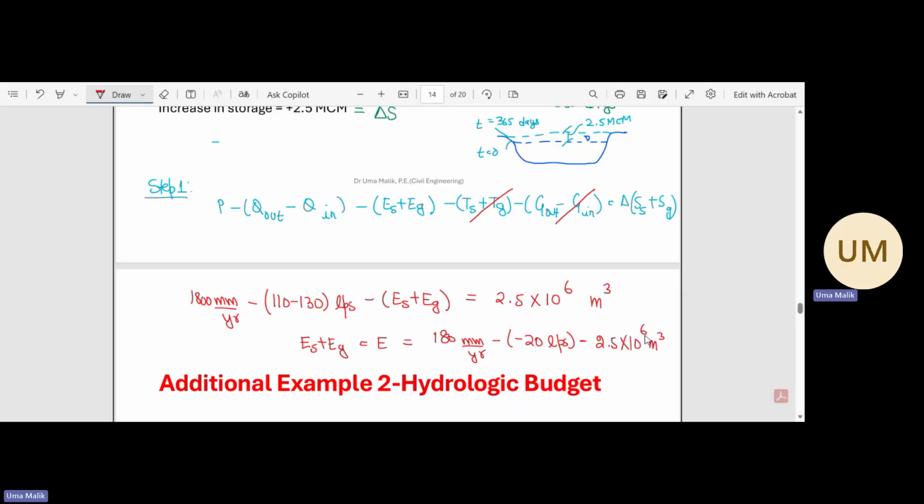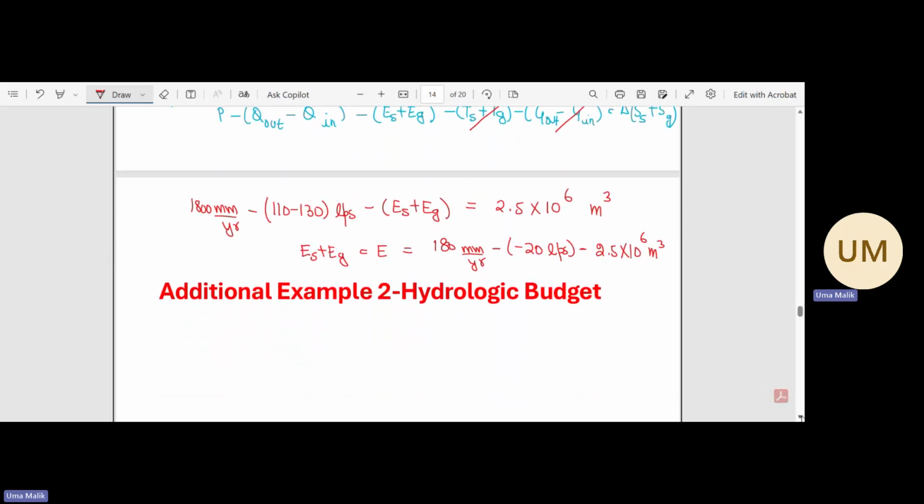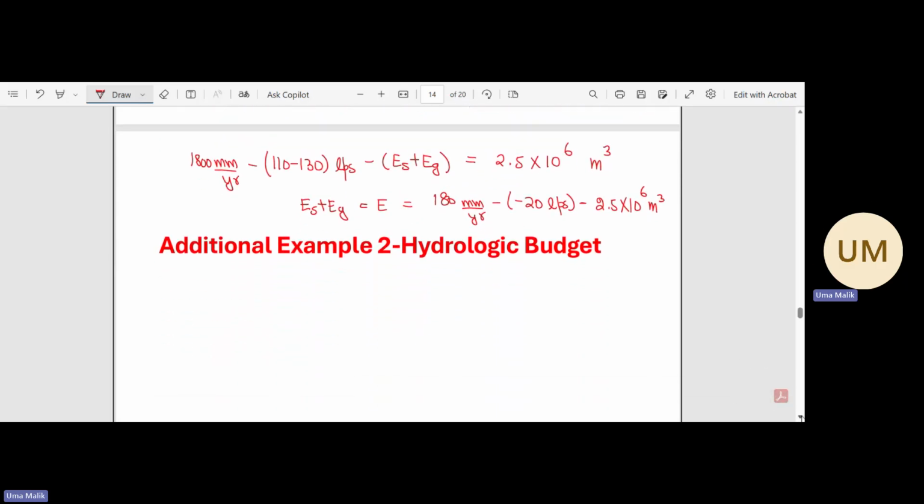I am writing all the units. Why? Because your units are different. We can't add numbers of different units. We need to bring the units into the same system and the same unit. So we will be converting all this into meter cube.